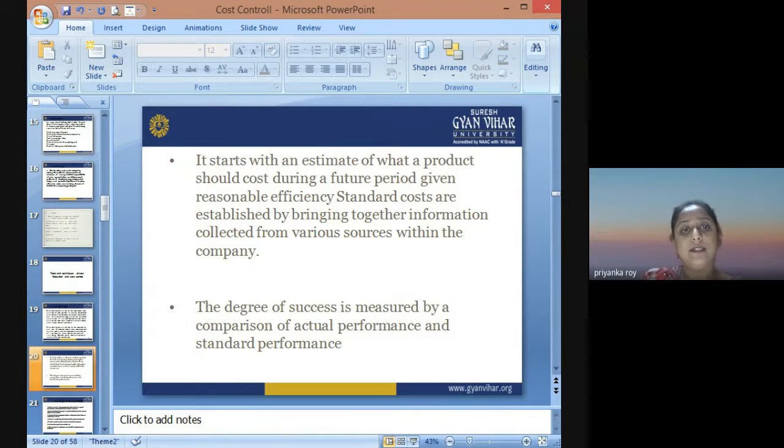A standard starts with an estimate of what a product should cost during a future period. Reasonable efficiency and standard costs are established by bringing together the information collected from various sources within the company. The degree of success is measured by comparing actual performance with standard performance.